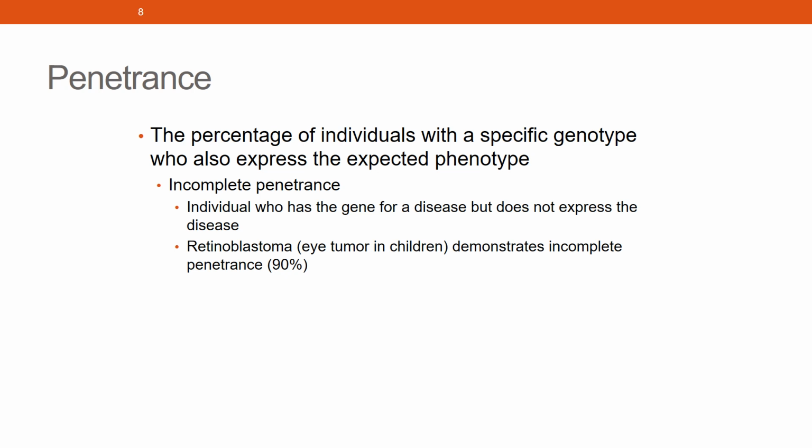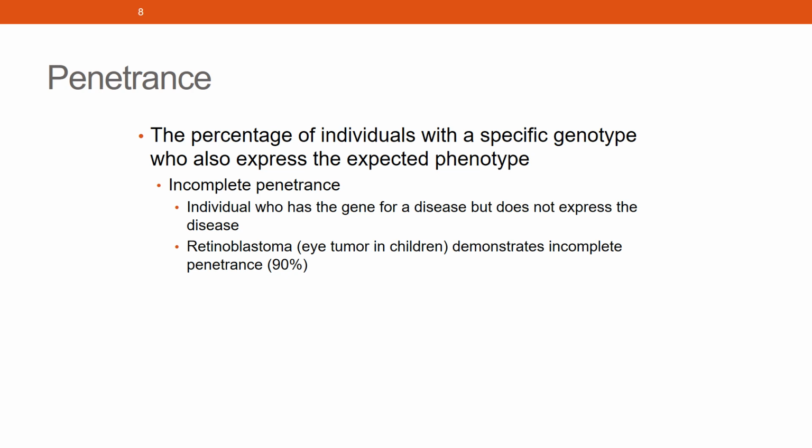Penetrance is another term I would like to talk about, and penetrance is actually the percentage of people with a specific genotype who may express the expected phenotype. So we're coming to the notion of expressivity here, but in this case it all depends how much this patient will have presentation of the disease.